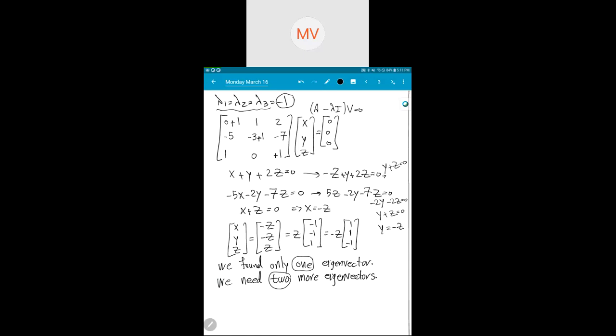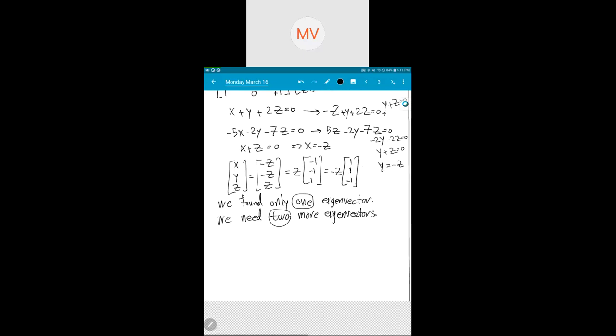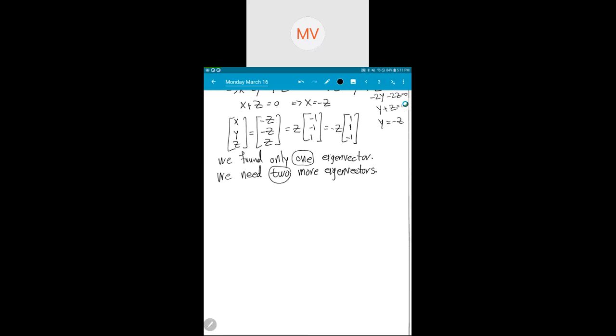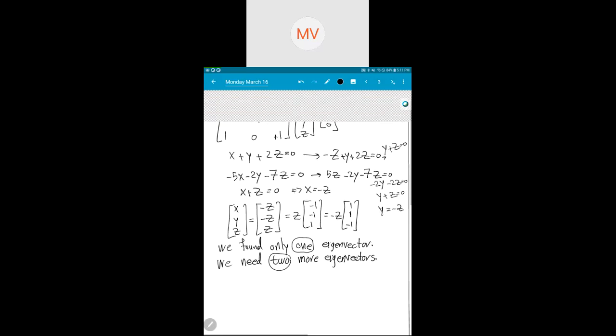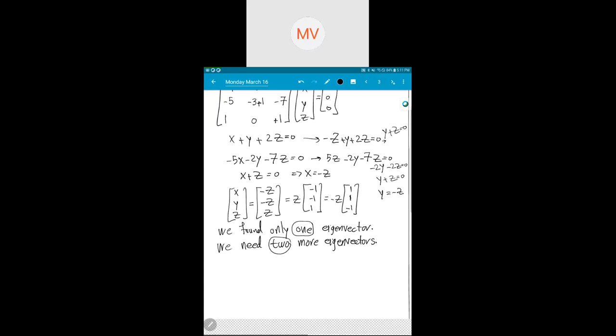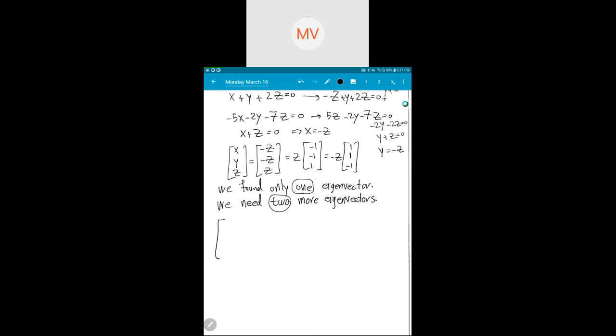Okay, so what was the algorithm? We find V2, the next one, this way. We set up the same matrix that you used to solve this equation, the one in which you took out the eigenvalue from the main diagonal. So the same matrix, I'm going to write it here: 1, 1, 2, negative 5, minus 2, negative 7, 1, 0, 1.